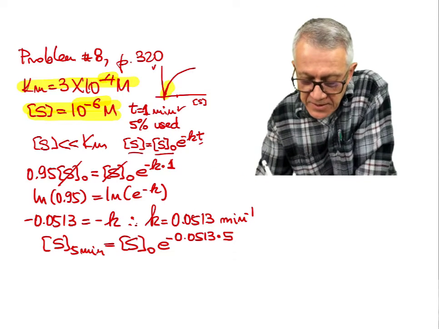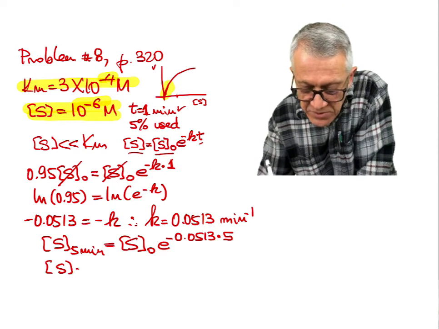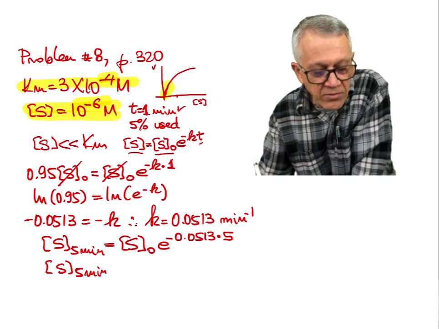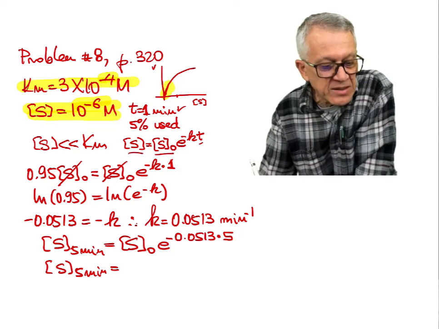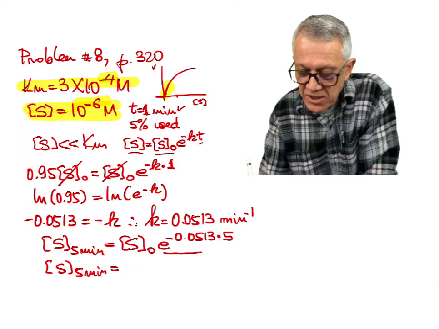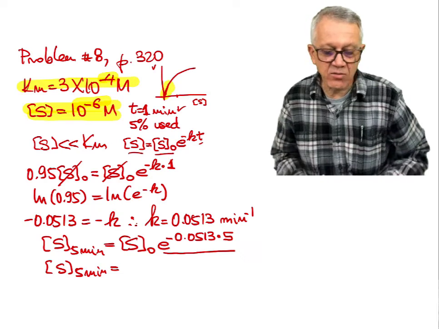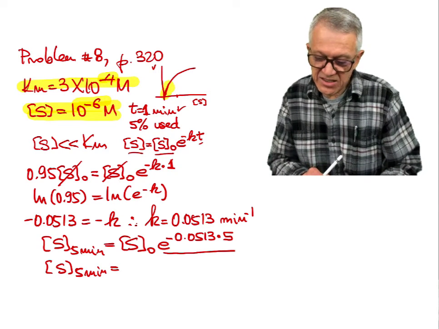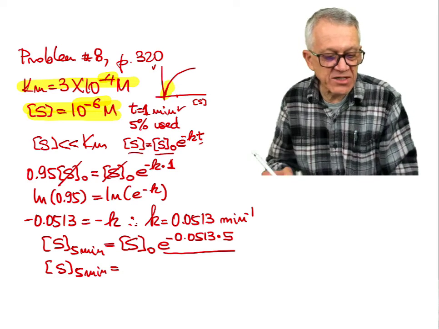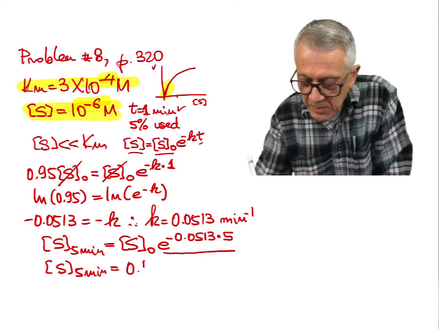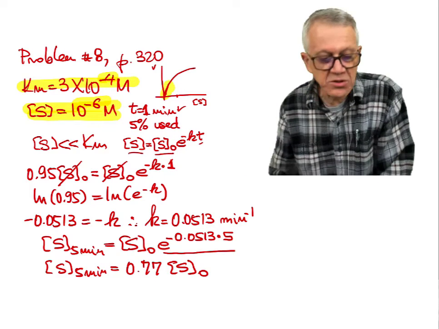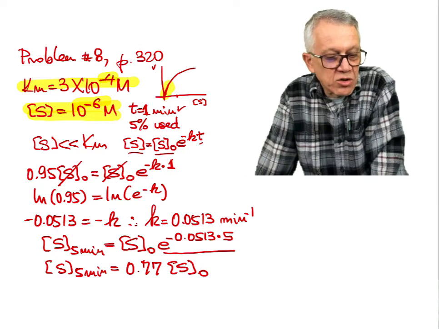So the substrate at 5 minutes is going to be equal to, let's see what this number gives us in the calculator, 0.77 S0.